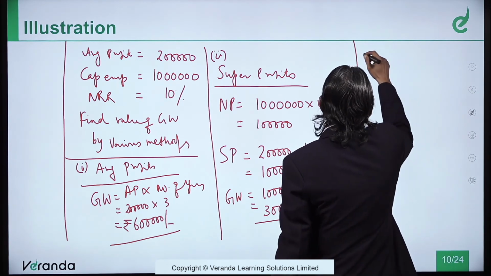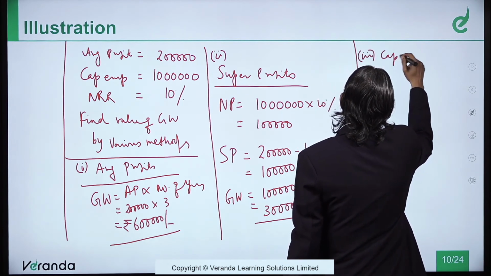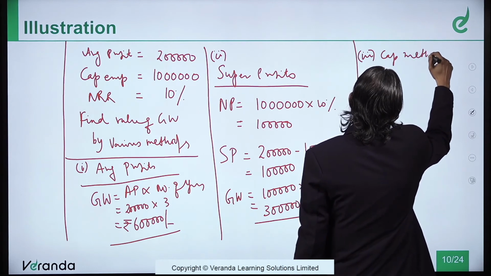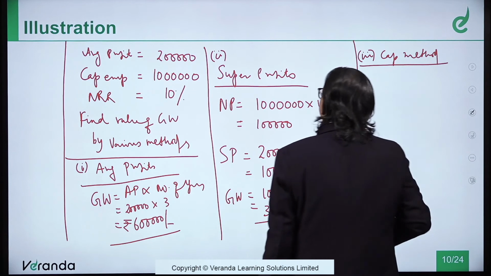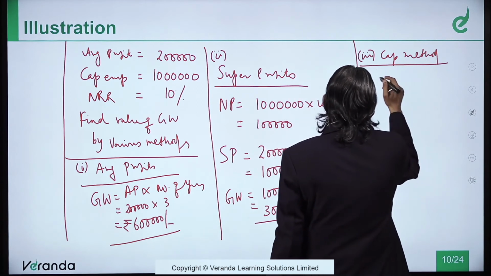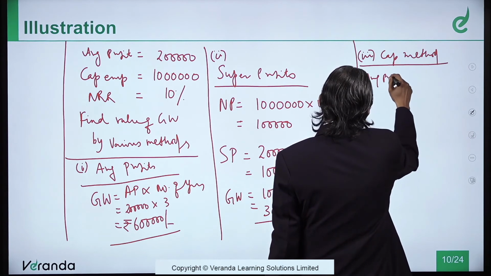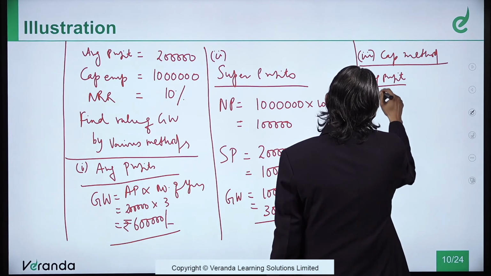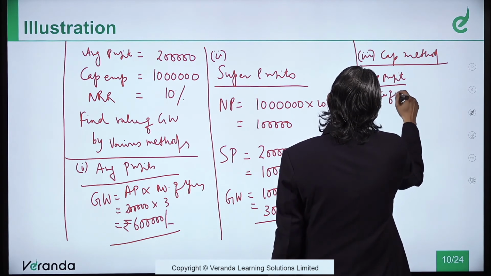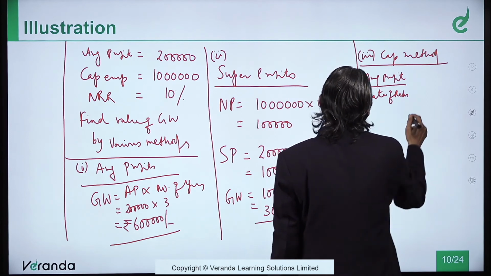Suppose we follow capitalization method. First you divide the average profit by rate of return. Average profit is 2 lakh.